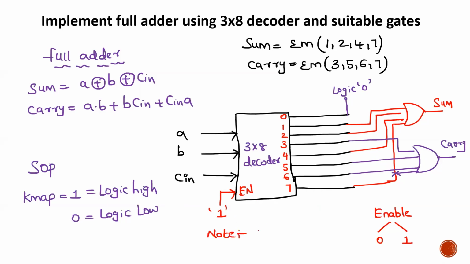In note we are assuming enable is equal to 1, which is nothing but logic high. By default enable will be treated as 1, or else it would be better if you mention the enable and give the input to it as 1. If enable is equal to 1, circuit will work properly, means in on state. If enable is equal to 0, the circuit will be in off state, means we will not get any outputs even though we are applying inputs.